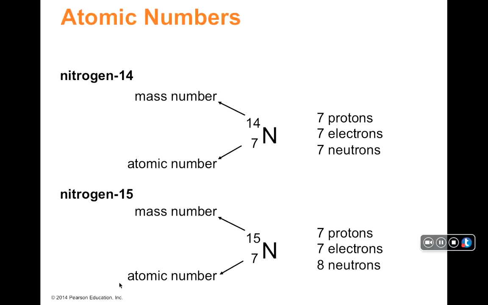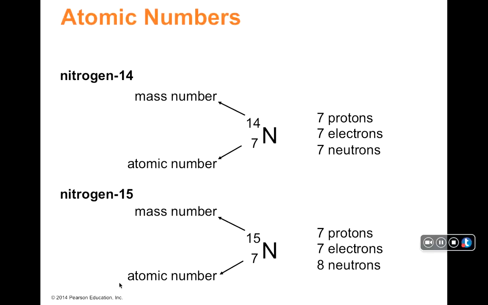The number on the top left is the mass number, and the bottom left is the atomic number. Note that the atomic number here is 7. It identifies nitrogen. If it were 8, that would not be nitrogen. So the atomic number both identifies the element and tells you the number of protons. It's also equivalent to the number of electrons if the element's not charged.